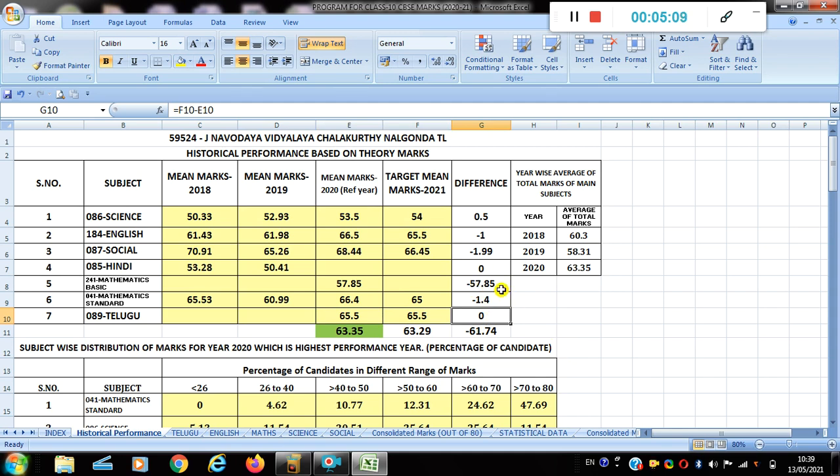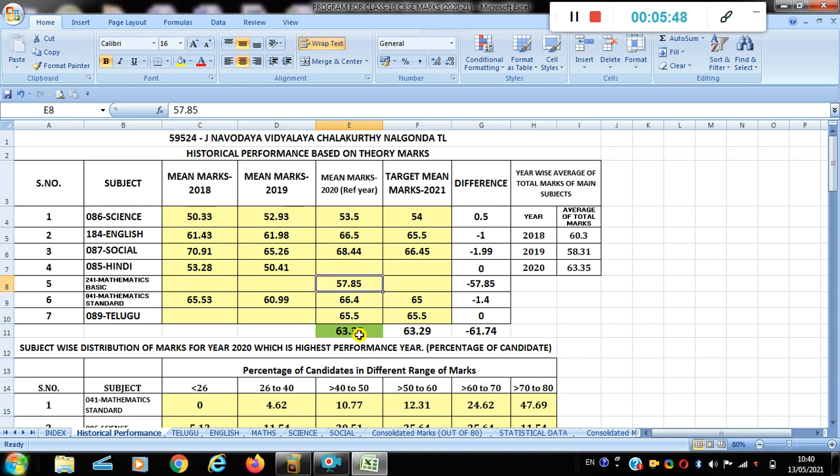Mathematicians can understand that the sum of these differences should be around 0. Why? Because if I increase one subject by 1, then I should decrease another subject by 1, so that the total school average must be equal to the reference year's school average. But see, in the reference year there are six values, including mathematics basic.